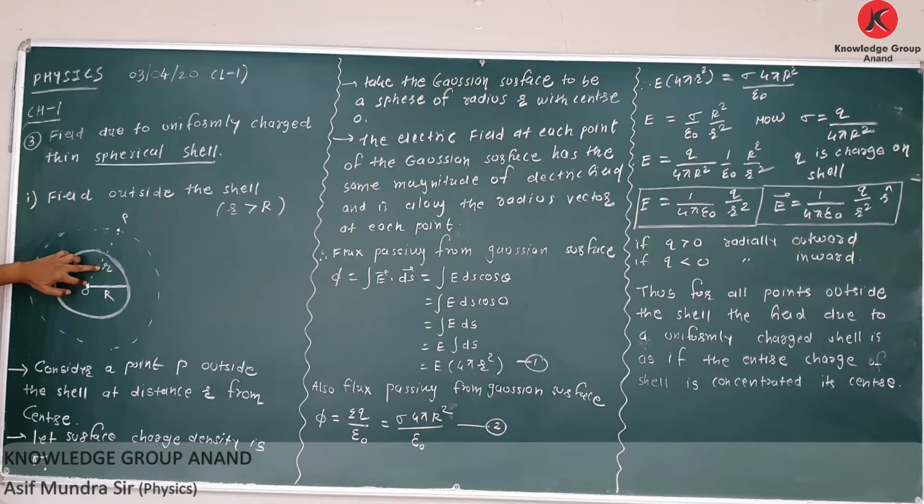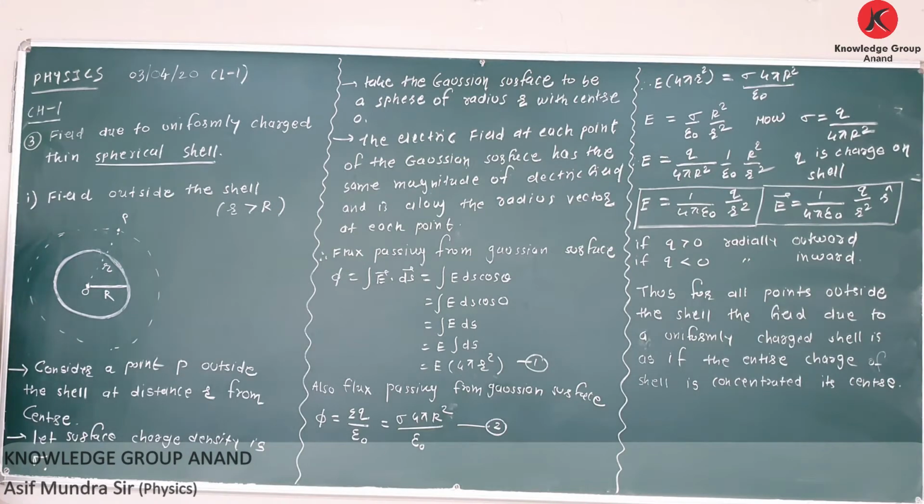So as the distance is the same at each and every point, the magnitude of the electric field is also the same. What about direction? The direction is radial.